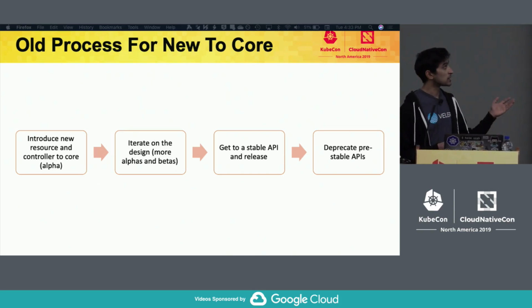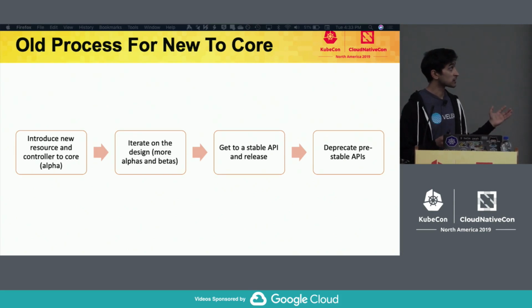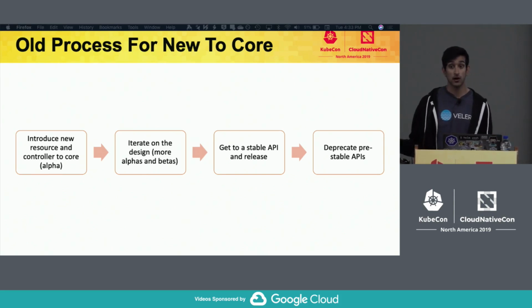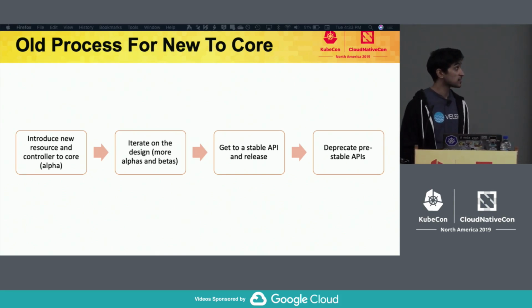I would then implement my new API and controller in the core Kubernetes API, introduce it as an alpha feature, and get it out there in the next Kubernetes release. As I'm iterating on it, I'd get more alphas and betas out in Kubernetes releases. Eventually, I'd want to get that to a GA release and deprecate any previous older versions of that API.